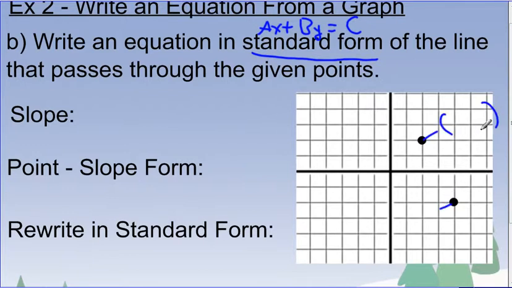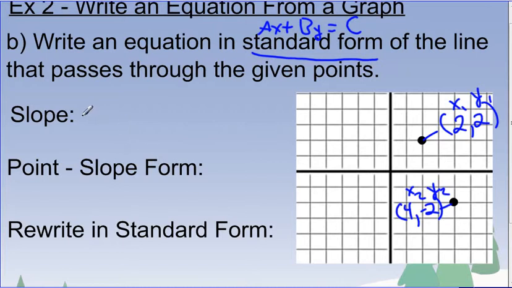This is the point (1, 2). This is the point (3, -2). X value, y value, we'll call this point 1. X value, y value, we'll call this point 2.